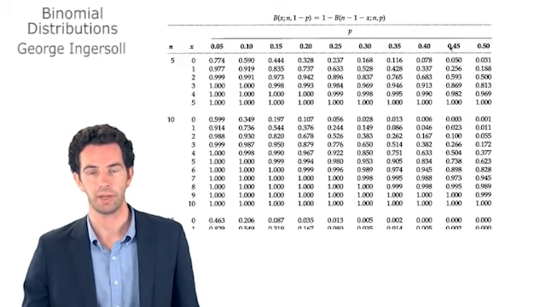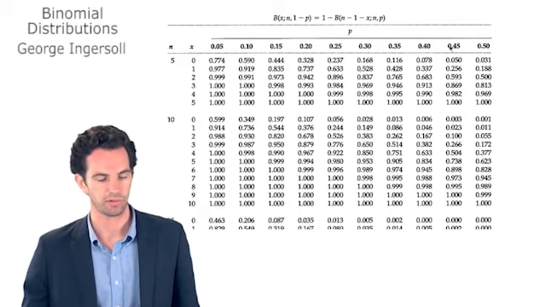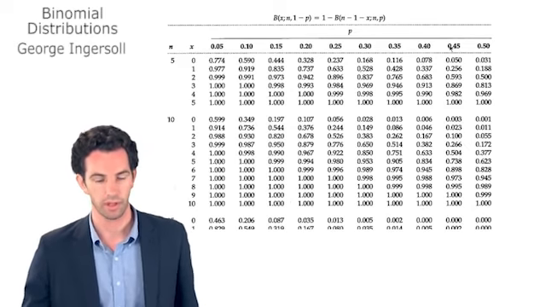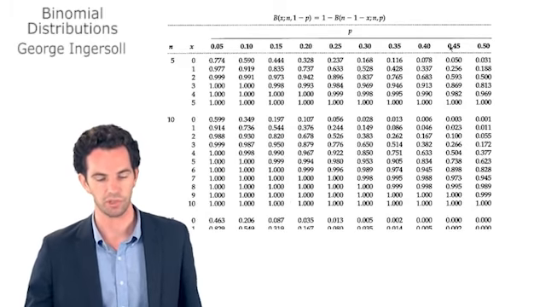Let me remind you what that means. So if we have 10 trials and we're looking for the probability of getting 6 or less, and the p is equal to 0.2, so the probability of getting a success is 0.2, the probability of getting 6 or less is 0.999.